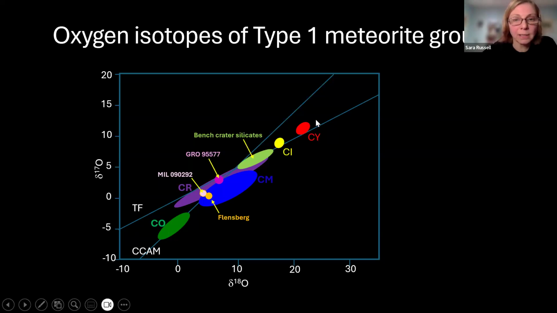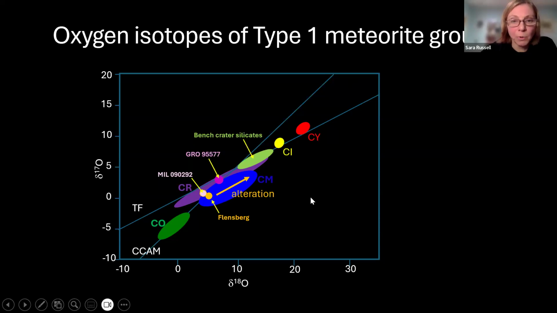And you may think that the more aqueously altered ones tend to be more O16 poor. So we think that this mixing is largely due to O16-poor water and O16-rich solid materials. So you would expect in the CMs, for example, we do see as CMs get more aqueously altered, they tend to get lighter in composition.